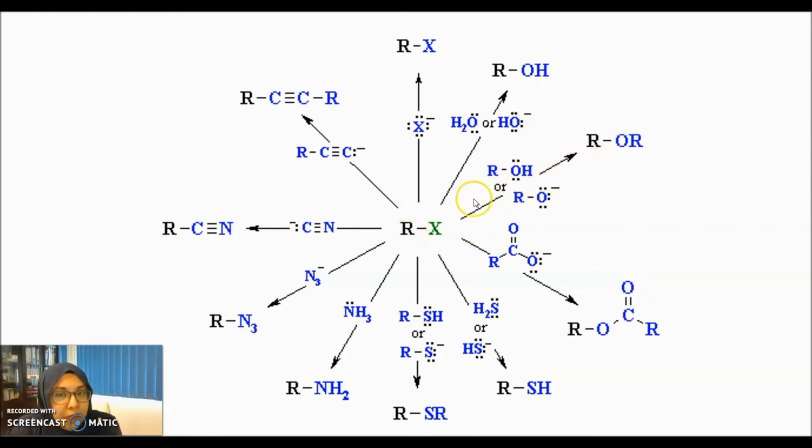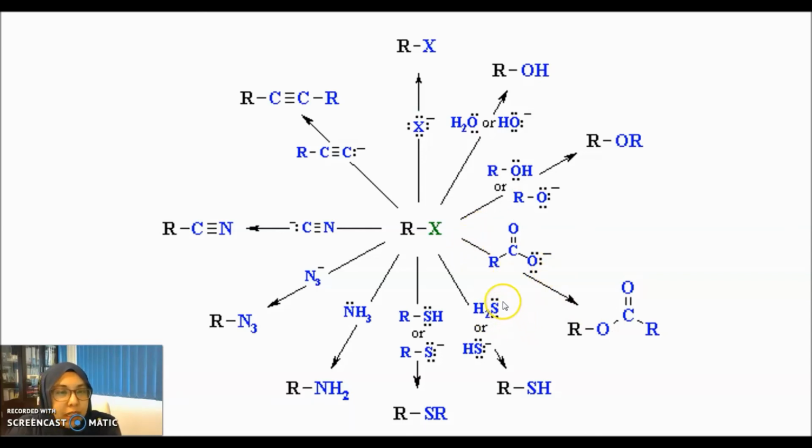Now this is something that you are going to learn again in the topic of synthesis of ether, where we use alkoxide. Alkoxide reacting with alkyl halide will give you ether. In addition to that, alkyl halide can also be used to produce other compounds if we react it with a particular ion.